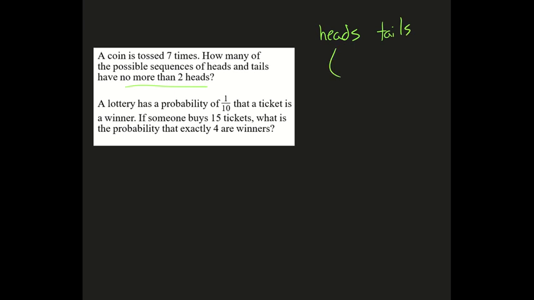Your probability is that half the time it's heads, half the time it's tails. We're raising that to the 7th power. So when we write this out, no more than 2 heads, so that's the probability of 0 heads plus the probability of 1 heads plus the probability of 2. So no more than 2 means we include 2 with that.